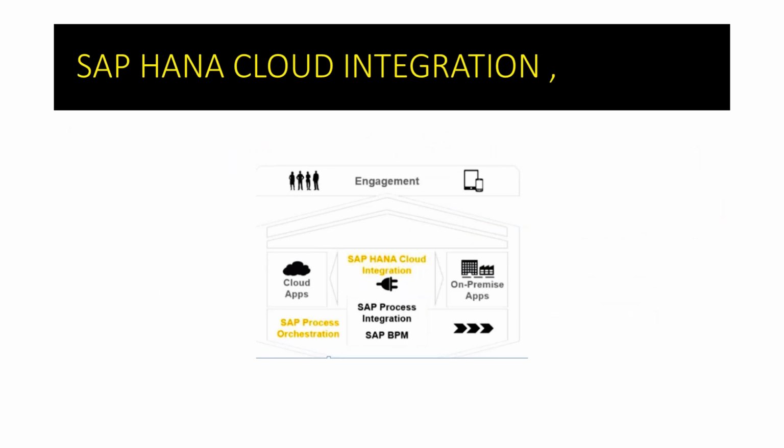So right now, just to sum this up, this is kind of a connector I've shown, SAP HANA Cloud Integration. It talks to cloud apps, on-premise apps, then your different engagement parts. Initially there was one of the questions: why are we using SAP HANA Cloud Integration in place of SAP PI, or can we not use SAP PI? So definitely you can use SAP PI also.